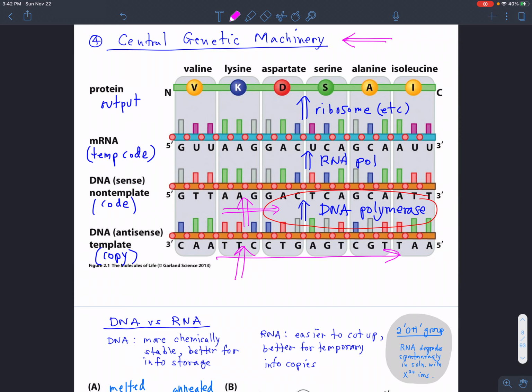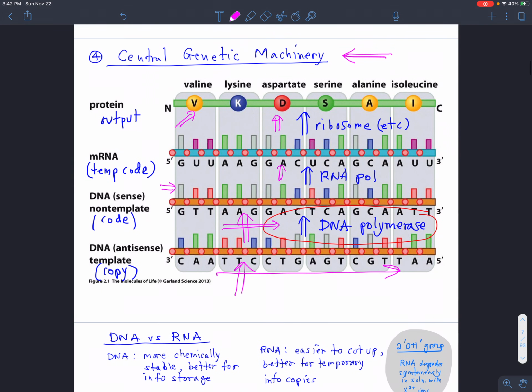The next one is to take one of the strands of the DNA and copy it into an RNA, messenger RNA, that's a temporary copy of the same information, or complementary information anyway. And then that messenger RNA gets used by the ribosome to generate finally a protein which folds up on its own to make a new machine. So that's the gist of what the central genetic machinery does.